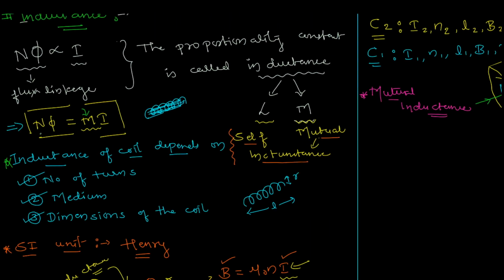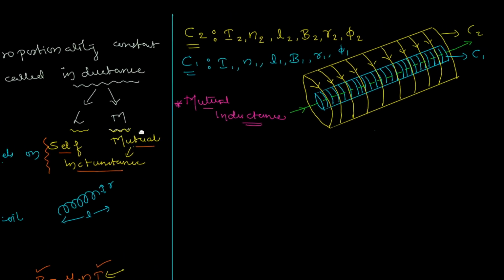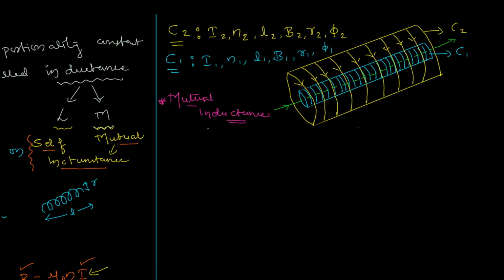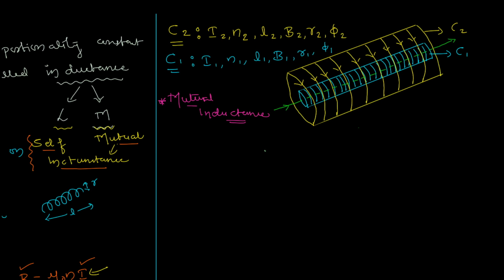My governing equation will still be this: the flux linkage through a coil is M times the current through that coil, right? But here the flux linkage would be due to the other coil, so the other coil is going to create the flux through this coil, right? Let's say I want to get the expression for mutual inductance of the first coil due to the second.